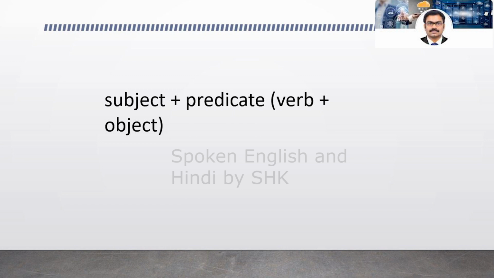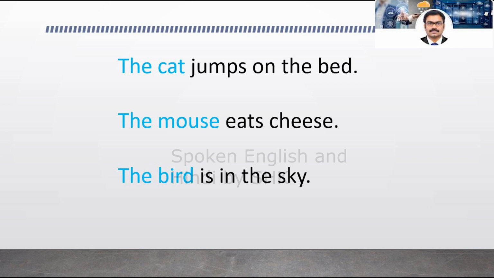Here are some examples. Let's see if we can look at these and identify the different parts. The cat jumps on the bed. In this sentence, the cat is the subject, because that is who or what it is about. Jumps on the bed is our predicate, with jumps being the verb and the bed being the object. The mouse eats cheese.